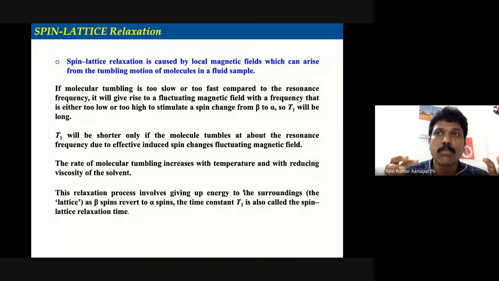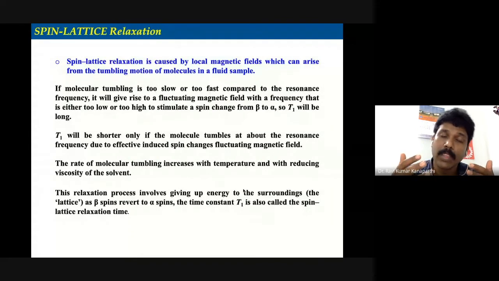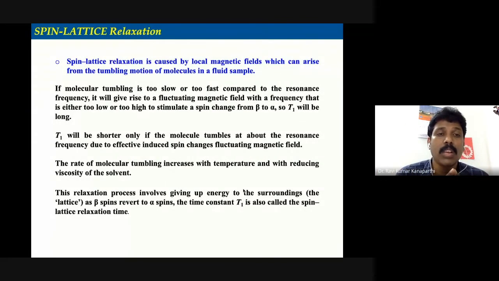If the tumbling motion is too fast or too slow, it will not stimulate the spins to go back to original positions. Therefore T1 will be longer, and T1 will be shorter if the tumbling motion is near the resonating frequency, the Larmor frequency.